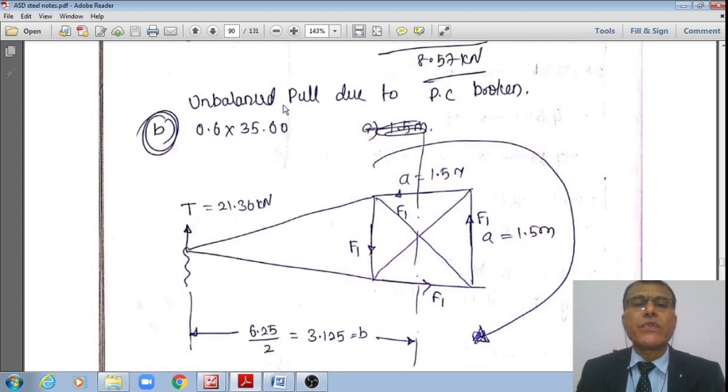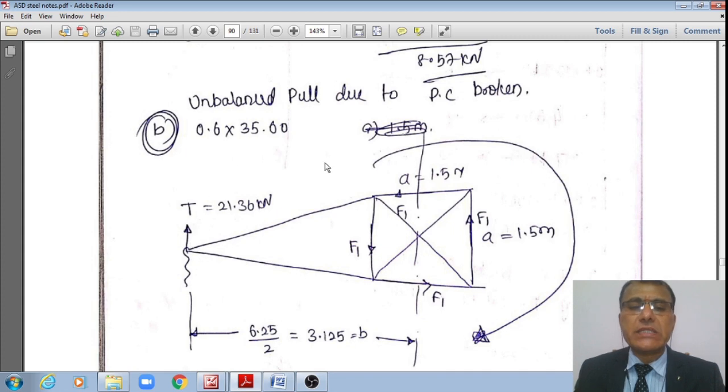Now let us see. That unbalanced pull or tension because of this broken wire condition, as per the code, is 60% of this maximum working tension, which is 35.6 multiplied by 0.6. It works out to 21.36.